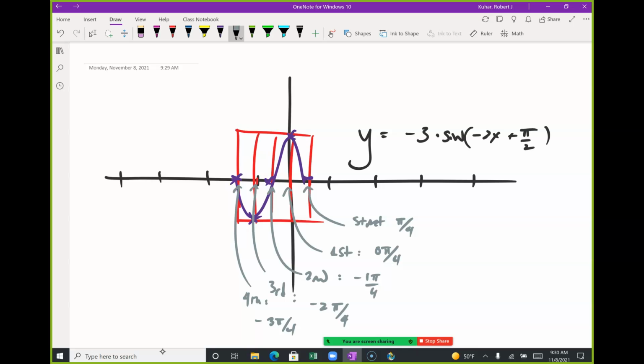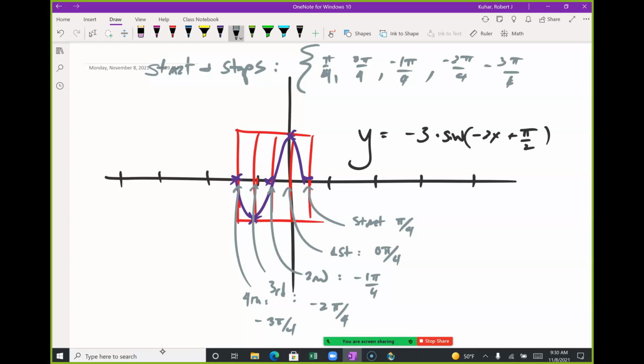Right? That's what I had for my start and step sequence. I had pi over 4, 0 pi over 4, minus 1 pi over 4, minus 2 pi over 4, minus 3 pi over 4. Sorry about that.